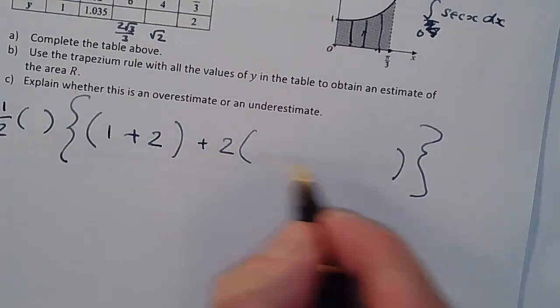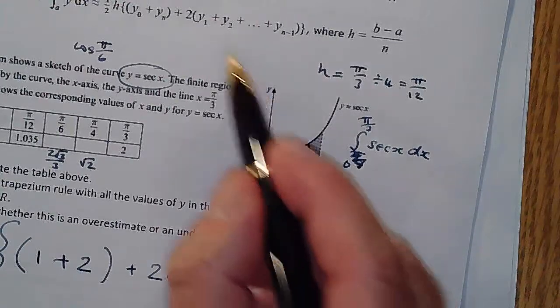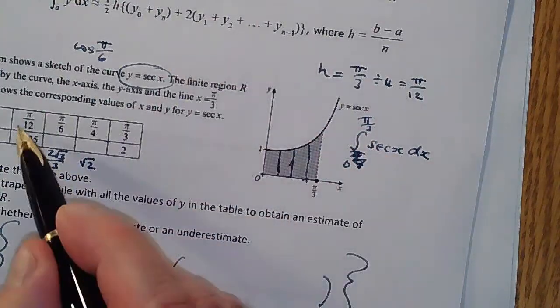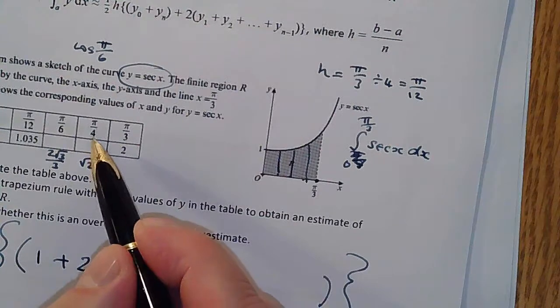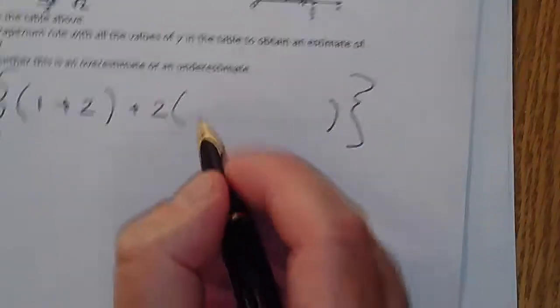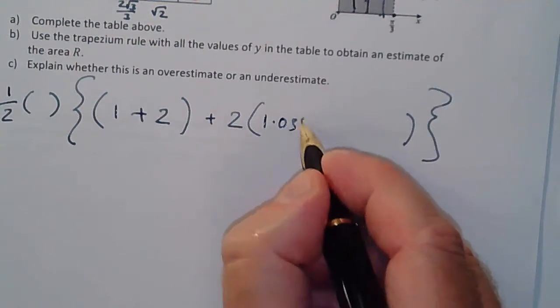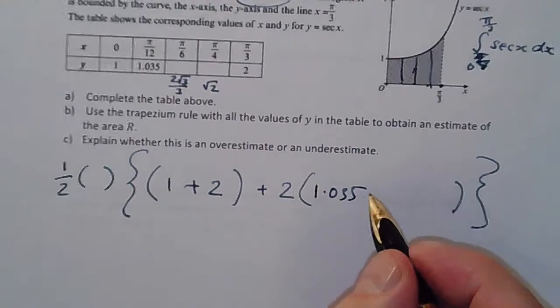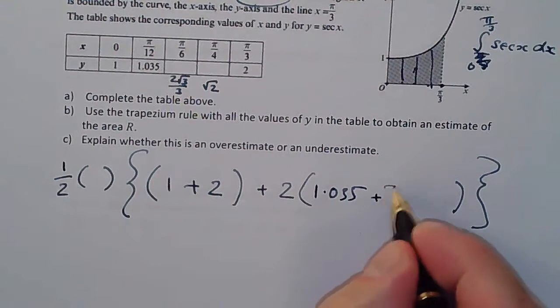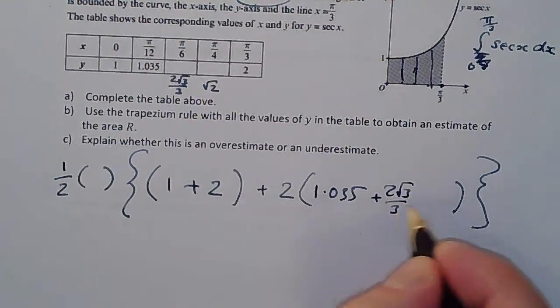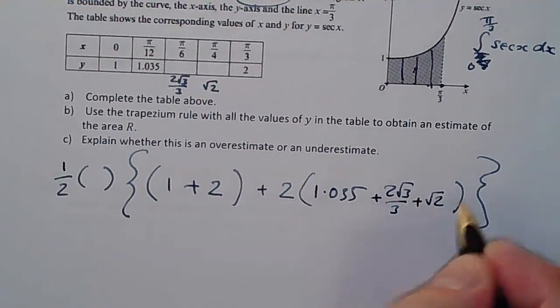And then in this bracket is all the other y's that we haven't had already. So y1 up to yn minus 1, which is these middle 3 here. So that's going to be 1.035, so you can see the table, and then plus 2 root 3 over 3 plus root 2, close bracket.